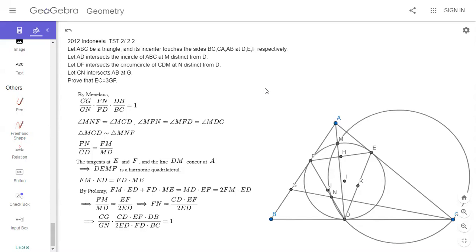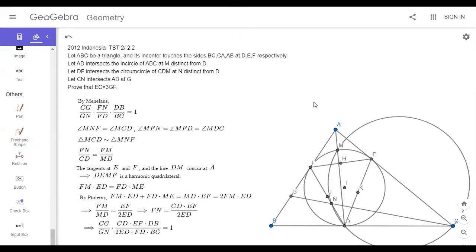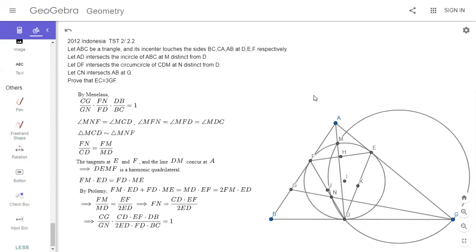I'll spend 10 more minutes on this one, and then I'll move to the next. Yeah. All right, I'll skip to the next one.